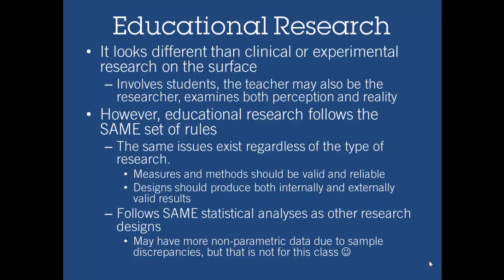Right? It's different questions. One's educational research design, one is, I would say, quasi-experimental design, but they both use a dependent t-test comparing two means. Now, oftentimes in educational research, you have more non-parametric data analysis due to sample discrepancies, and that's all I'll say about that.